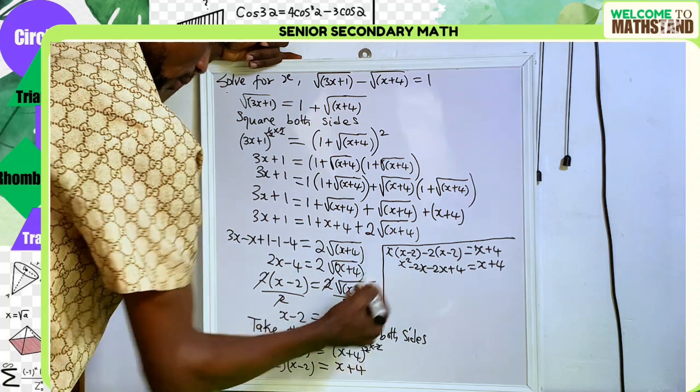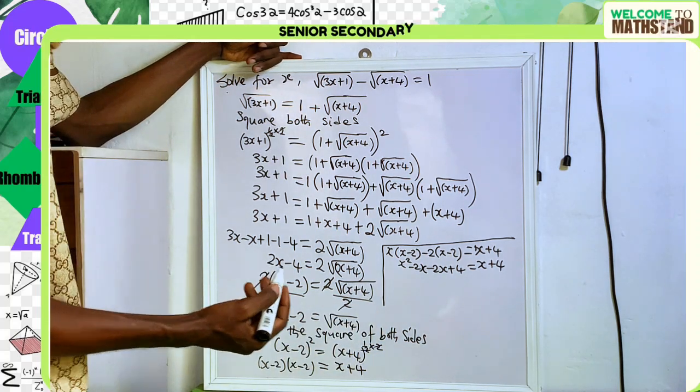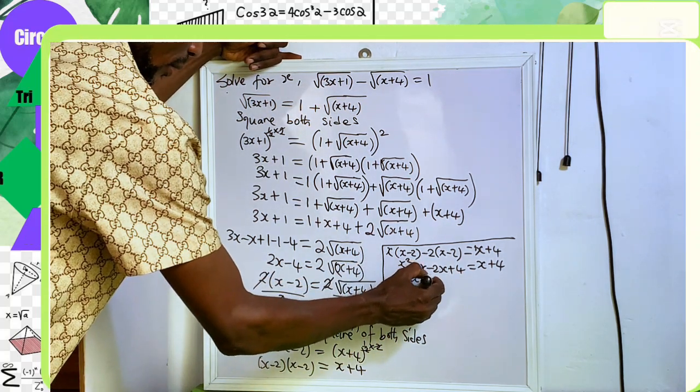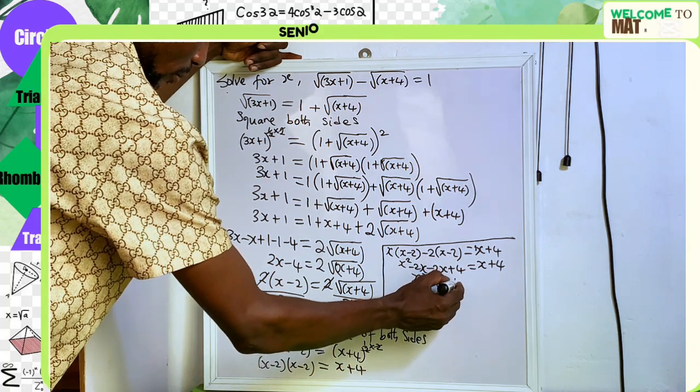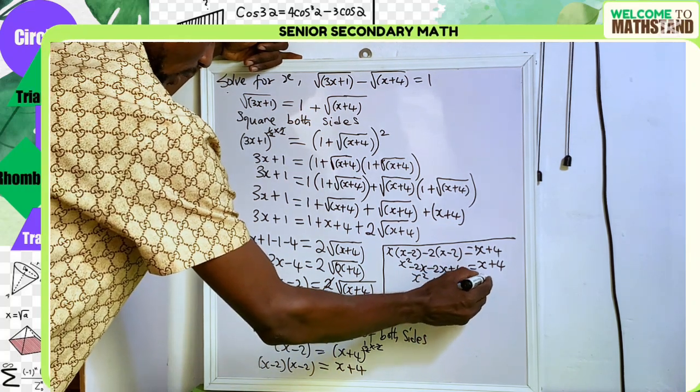So we have x squared minus 2x minus 2x, that would be minus 4x, plus 4 equals x plus 4.